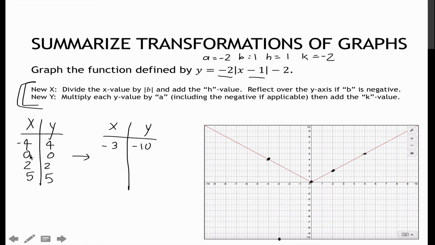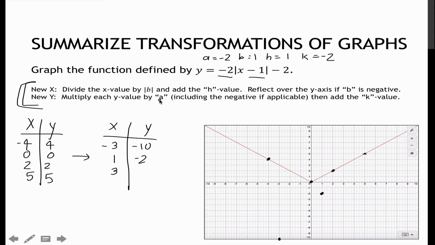Now (0, 0), so I start with 0, I divide it by 1, which is 0, I add h, which is 1, and that gives me 1. Then I take this 0, I multiply it by a, which is -2, which still gives me 0, and then add k, which is -2, so that's (1, -2). Take (2, 2), so 2 divided by 1 plus 1 is 3.